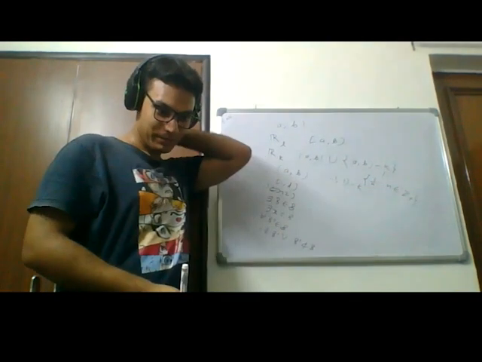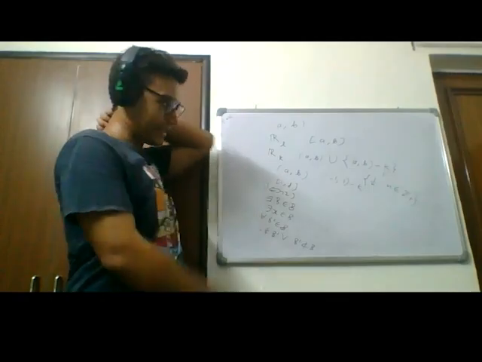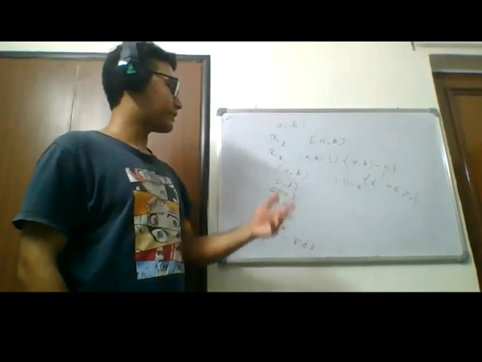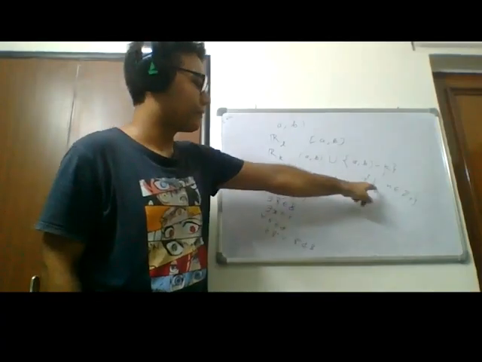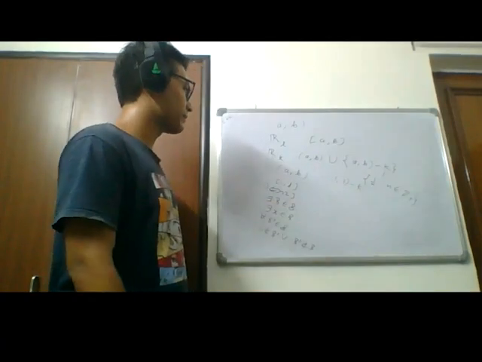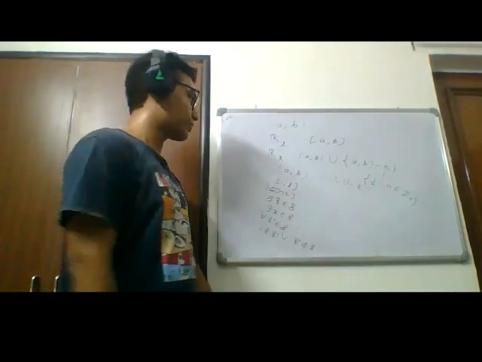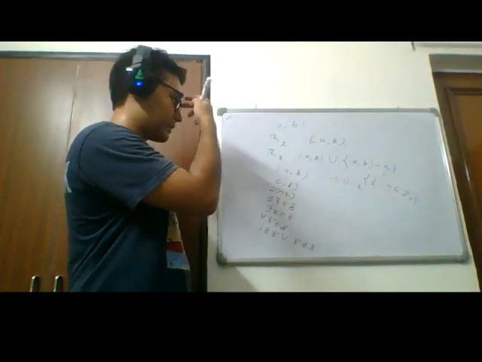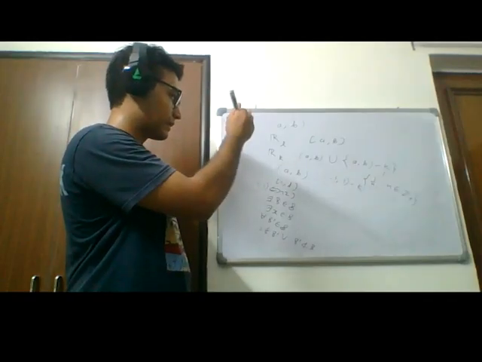So 0 belongs here. But you try to take any open interval that contains 0, it's also going to contain some 1 by n, no matter how hard you try. And that's the problem. So that's why they're both strictly finer than the standard topology and not equal.